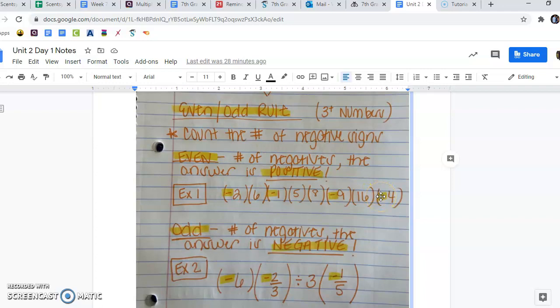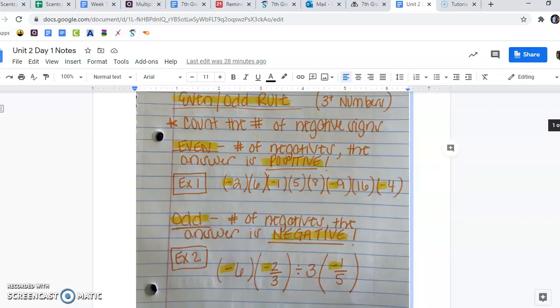So we know 4 is an even number. So our answer, or the solution to example 1, would be a positive. Now, if we had an odd number of negatives, then the answer is going to be a negative, such as example 2. We have 1, 2, 3 negatives. 3 is odd, so whenever we were to solve this, our answer would be a negative.